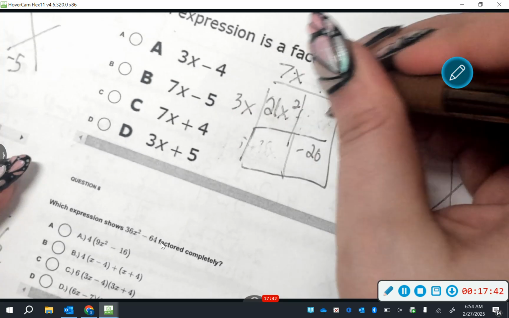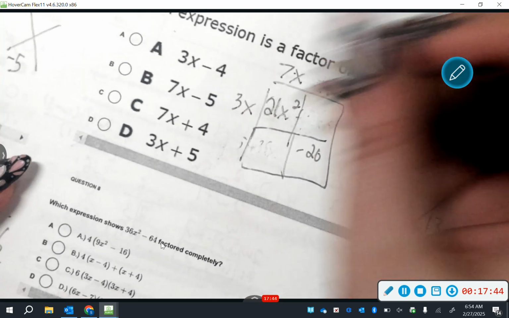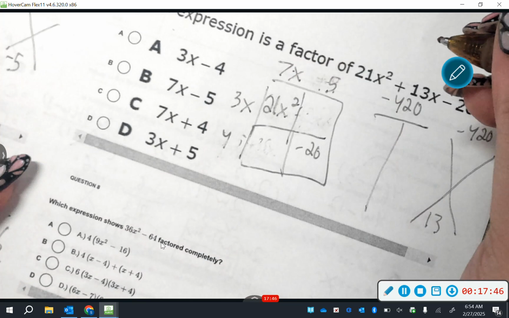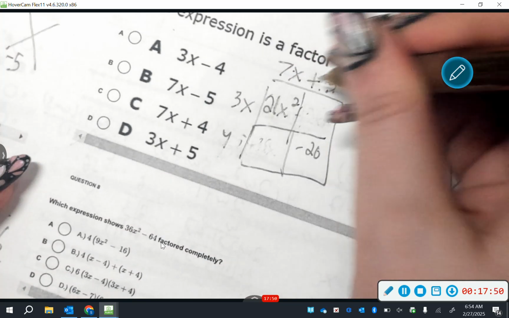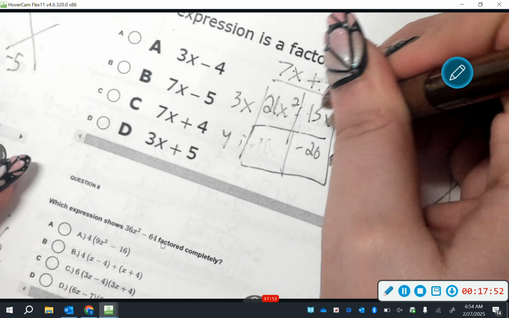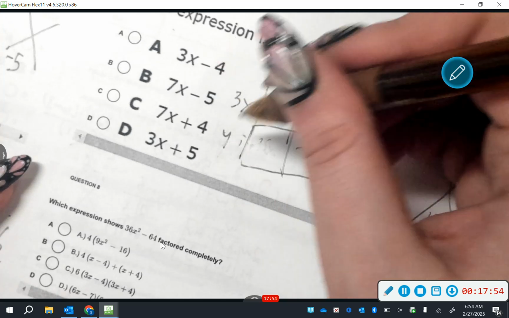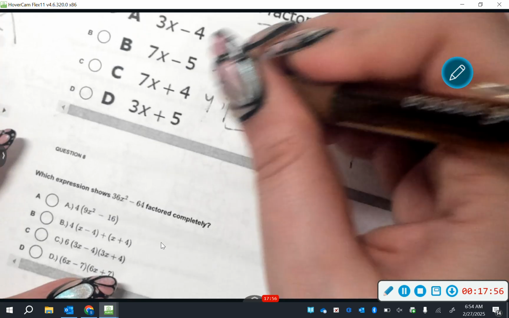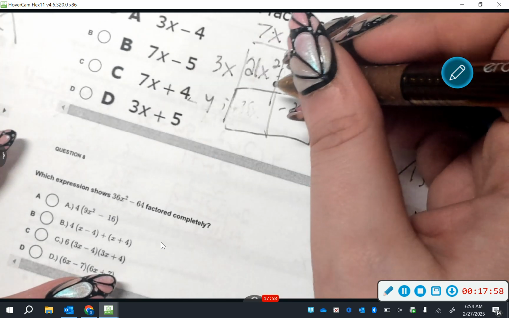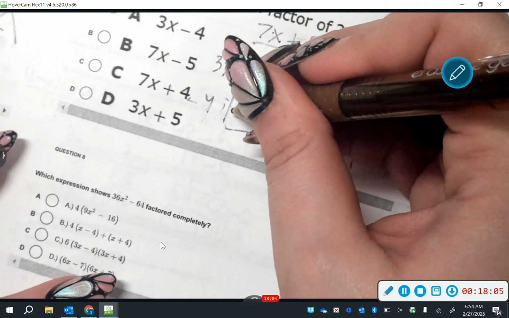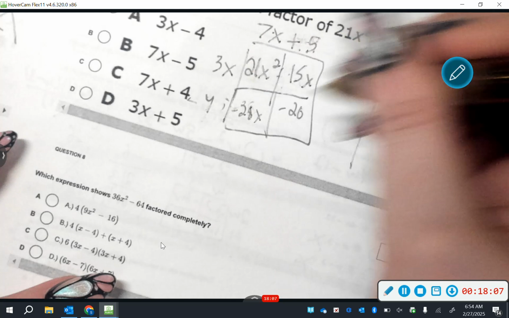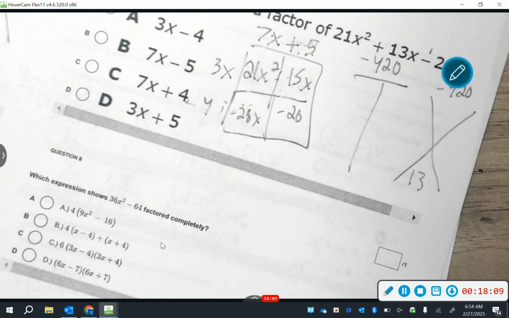If I put our 5 back over here, right, and put our 4 back over here, we would need this to be positive. 3 times 5 is 15x. 7 times 4 is, say it's a negative 4, negative 28. Negative 28, 15 is not going to be 13.